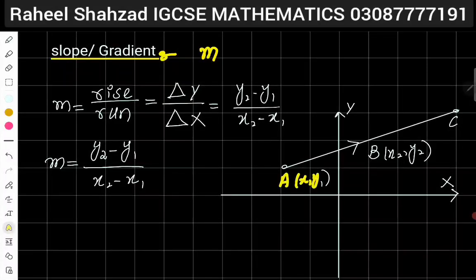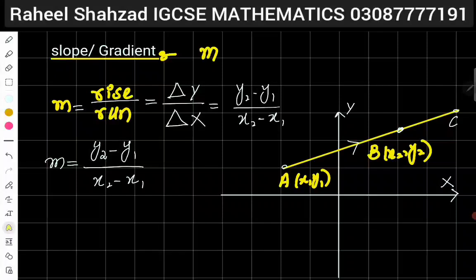If I have 2 points, x1, y1 and x2, y2, that are on a line, lying on the line AB, then the slope, represented by m, is basically rise over run. In short, it is the angle that this line makes with the x-axis, tan of theta.